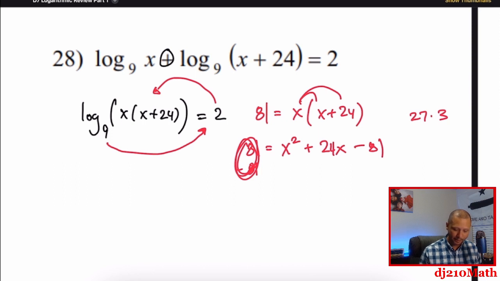One of these has to be negative. So 27 and 3, one of them needs to be negative. We look at the sign here, so that means the smaller one, right? Because negative 27 times 3 is negative 81, obviously, but then 27 minus 3 is positive 24.